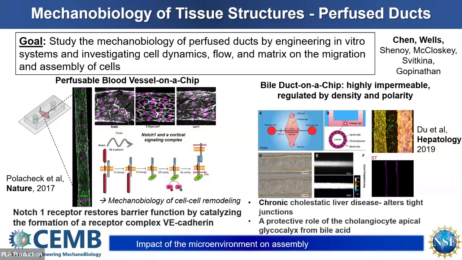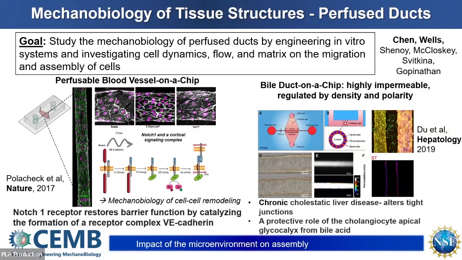Christian teamed up with Becky Wells and formed also another system to investigate bile duct, right? And so this is important. That bile duct barrier function is important in certain liver diseases. So there, those vessels are lined with cholangiocytes. And again, you have to have basically a super confluent layer of cells to maintain this barrier function.